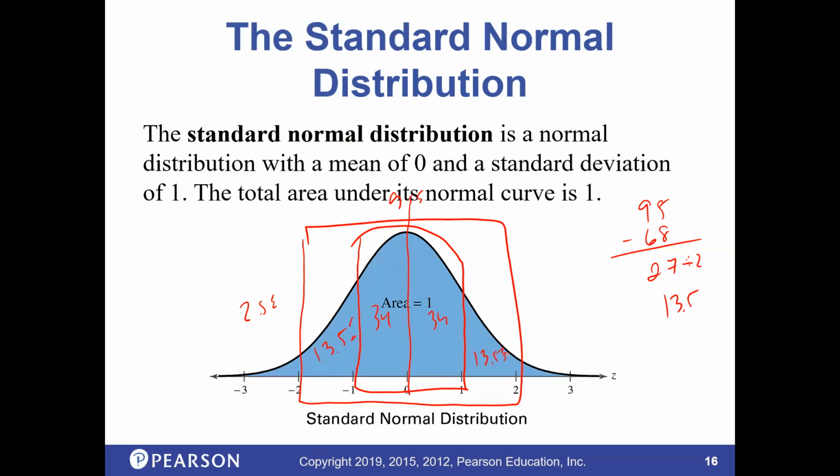Tell me if that makes sense. Okay, we're good there. I'm going to erase it in just a second. So we got 13.5 here, 34 here, and the leftovers over here. Let's see what the leftovers are. 50% of the data is going to be right here, isn't it?